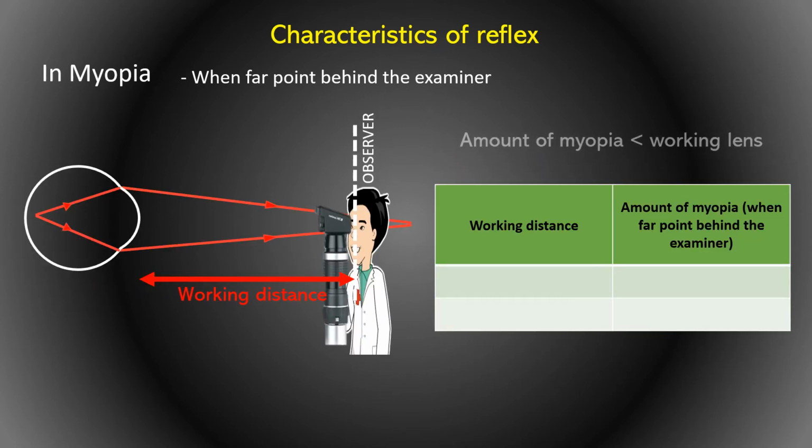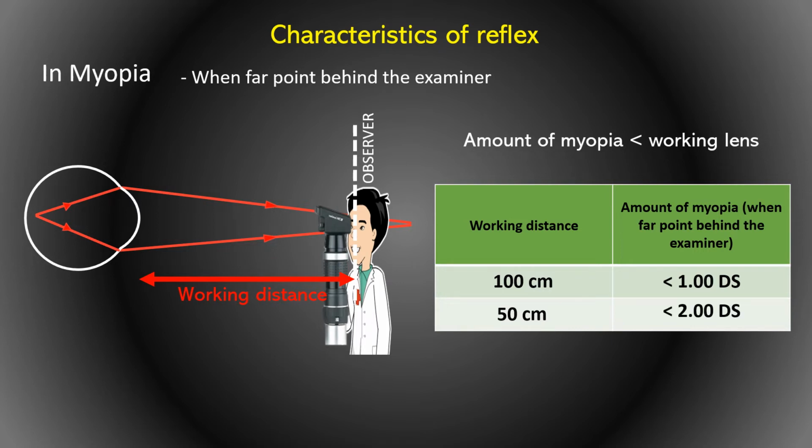And the amount of myopia would be less than the working lens. If you are working at 100 centimeter distance and the far point lies behind the examiner's eye, then the myopia would be less than plus 1 diopter, which you can find in most academic books. But I want you to understand that if the working distance changes from 100 centimeter to 50 centimeter and the far point is still behind the examiner's eye, then the myopia will be less than plus 2 diopter, not plus 1.